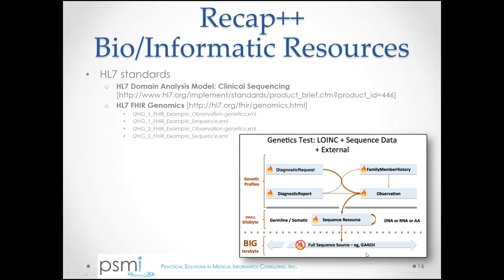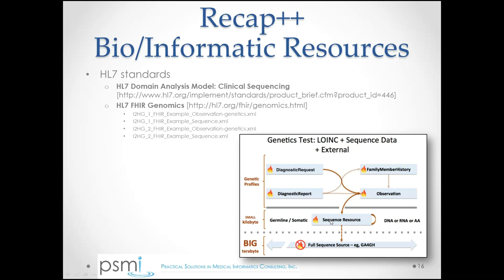We're going to look at those in a minute. But what FHIR focuses on are smaller resources: the sequence resource that has information about a sequence, and the observation, which holds clinically relevant observations about the sequence.